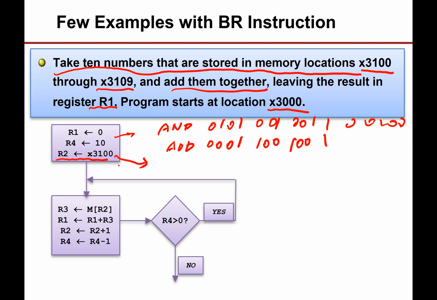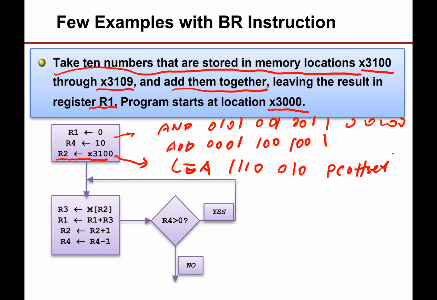For this one, directly use the LEA, or if you remember that from our last one, you can write it down. The destination is R2, so 0, 1, 2, 0, and then that is the PC offset here. So this is the first block.